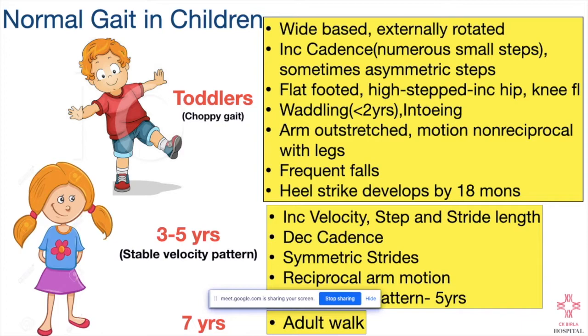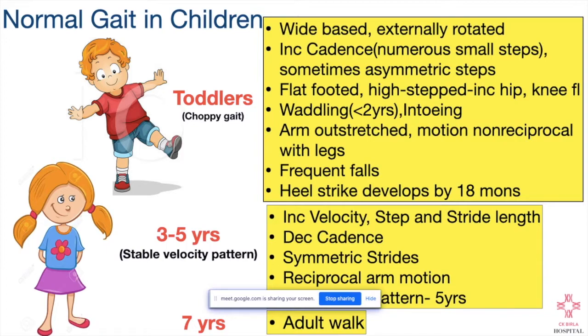So what is a normal gait pattern in a child? A toddler, a child who is less than 2 to 3 years of age, usually walks with a wide-based gait, externally rotated, with the feet turned outside, and takes numerous small steps. That means they walk fast and are not symmetric at this age.